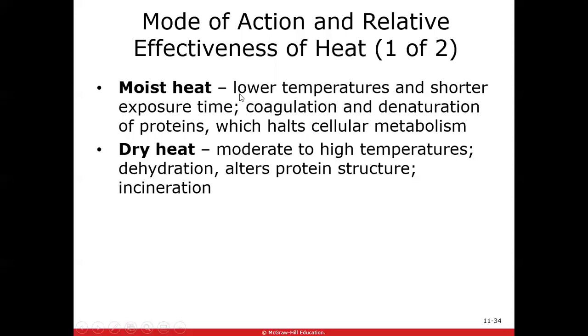When you have moist heat, it doesn't have to be as high as dry heat. With dry heat, you have moderate to high temperatures. It causes dehydration, alters protein structure, and you can also have incineration. So moist heat and dry heat can both be effective antimicrobials. Moist heat is more effective because you can work with lower temperatures.